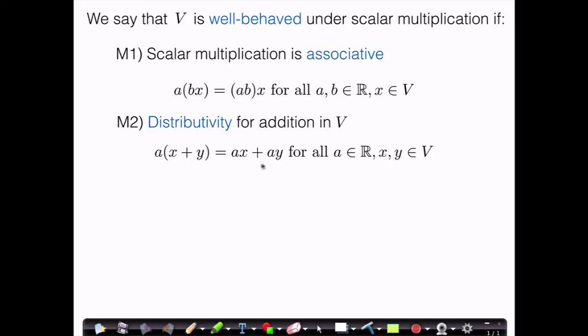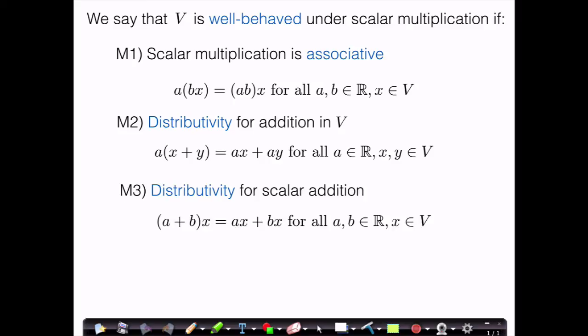So these are both, again, elements of V, and then add those two elements together. So those two things are the same. Again, this is something that we've used again and again in the case of n-dimensional real vectors, and we've also seen that this is true for matrices.